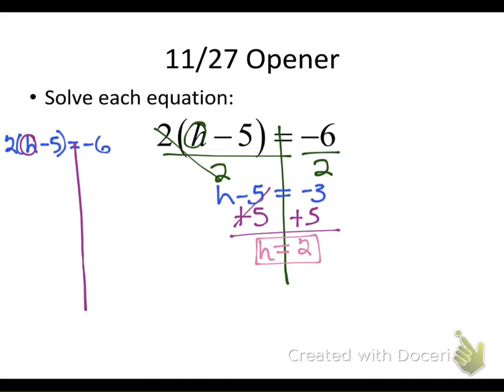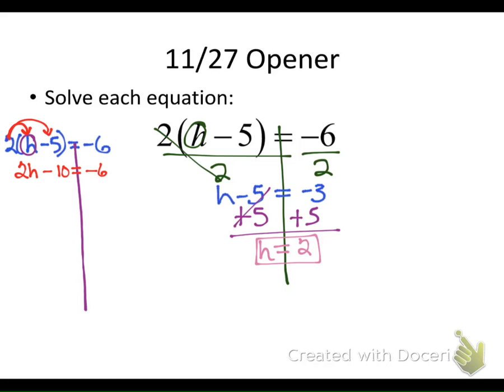You're going to take the number on the outside of the parentheses and multiply it by both numbers on the inside of the parentheses. So you'll take the 2 times h to get 2h. Then you'll take the 2 times negative 5, so you'll get negative 10 equals negative 6.